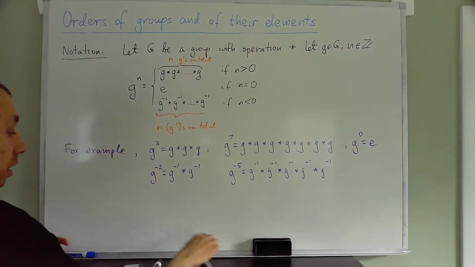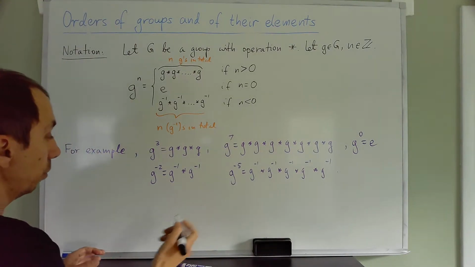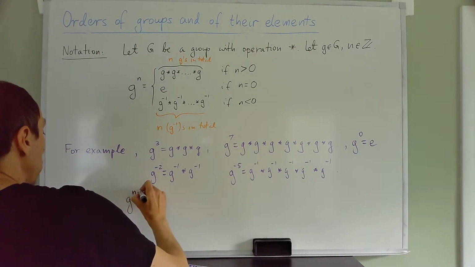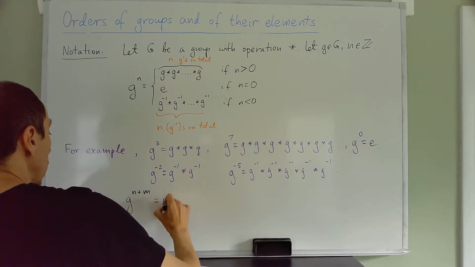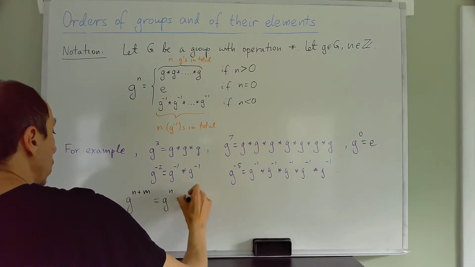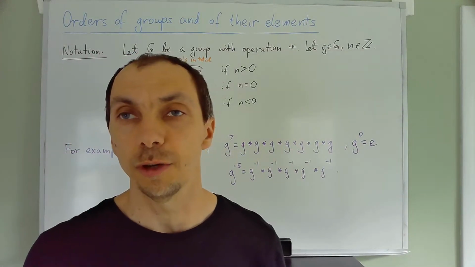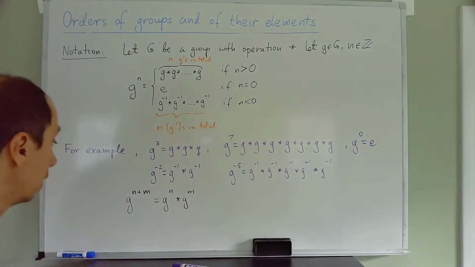Okay, I mean, you can then prove some really easy formulas. So g to the n plus m, that's g to the n star g to the m. Note, I'm not putting any parentheses here because I know that the star operation is associative, so I don't need that.